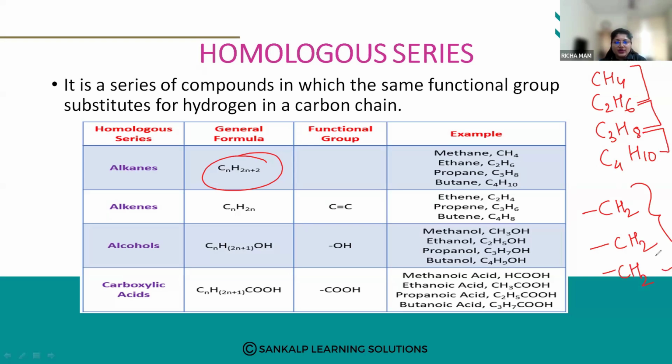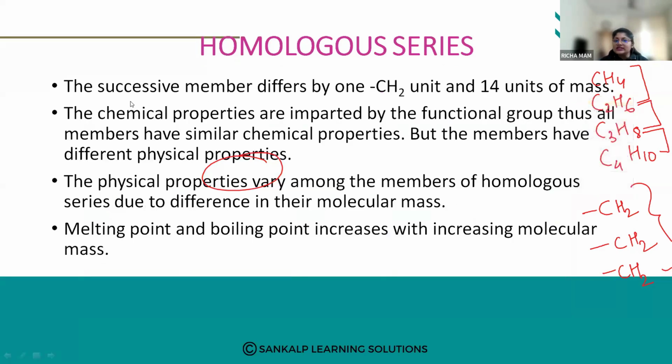So, what is a homologous series? The compounds have the same functional group, the same substitution, and the successive members differ by one CH2 unit.